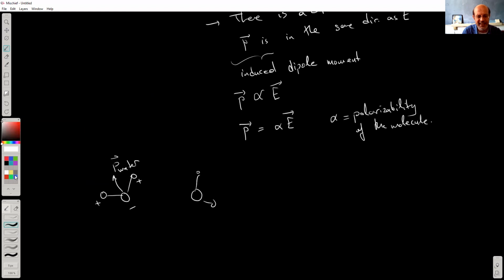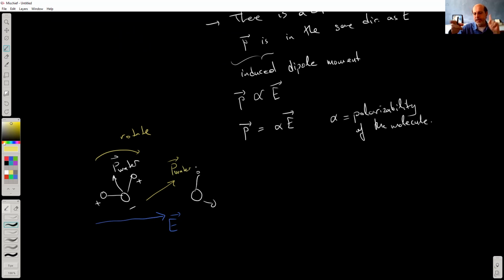If you have applied an electric field, this time what happens for these ones is that these are already polarized, so they don't develop any polarization. But what happens is that they actually rotate, so that eventually they orient parallel to the electric field. So the dipole moments of the water is going to become parallel to the electric field.